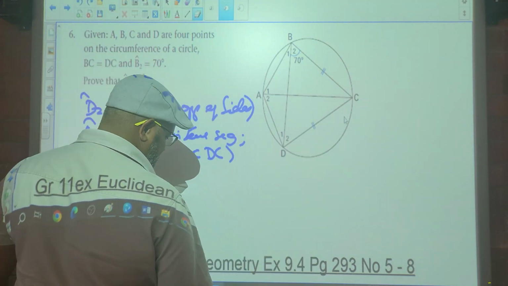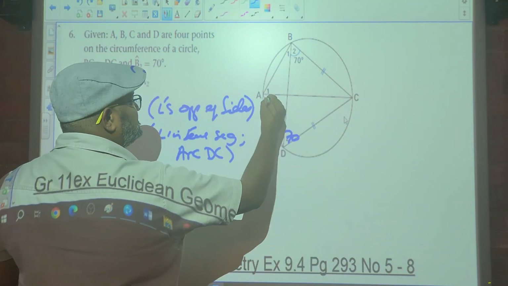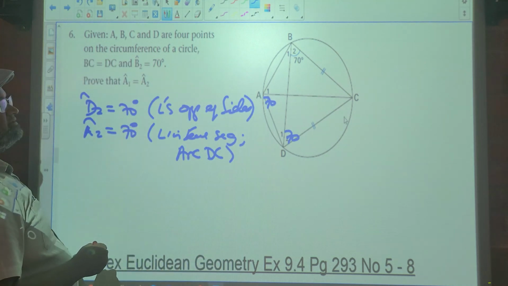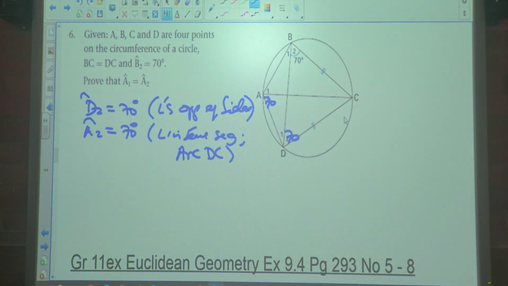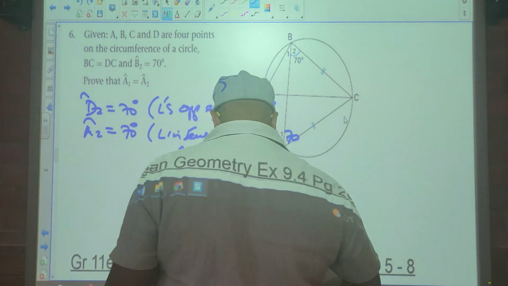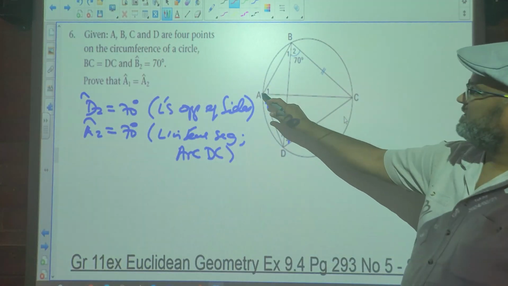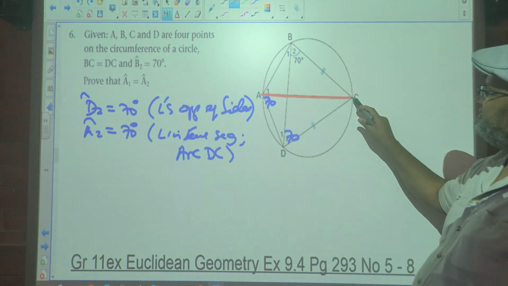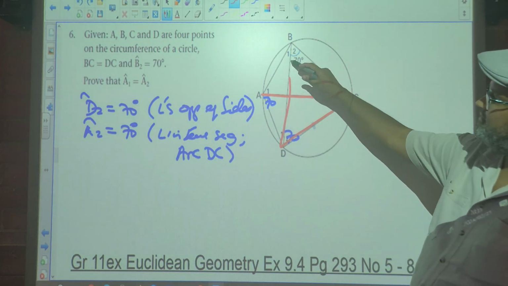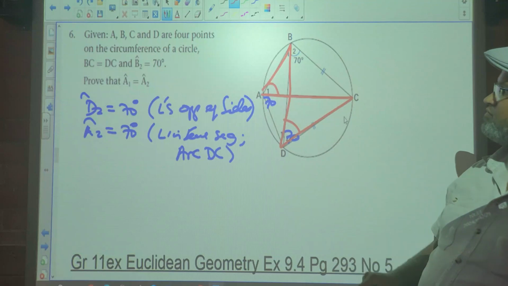What's wrong with me? Right. Which other angle is 70? A1. Why? Angle in the same segment. But A1 is coming from this one. Here we go.